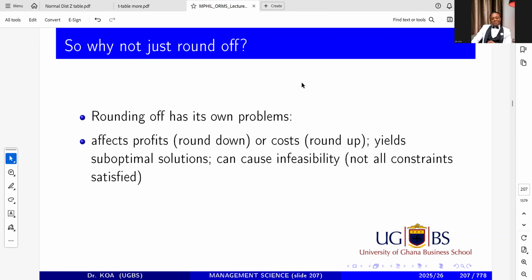For example, suppose somebody's income is actually 99.1 billion.